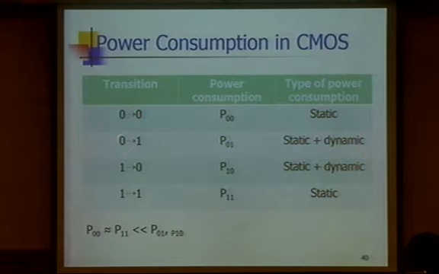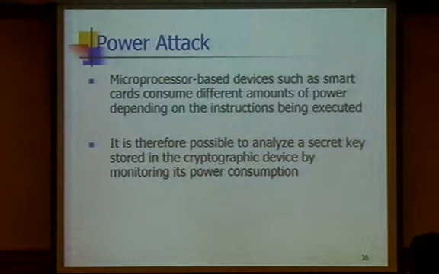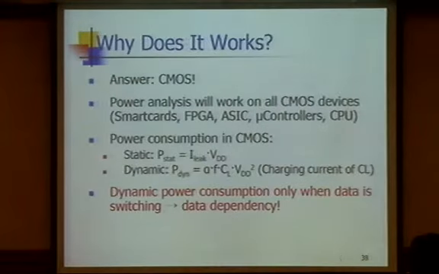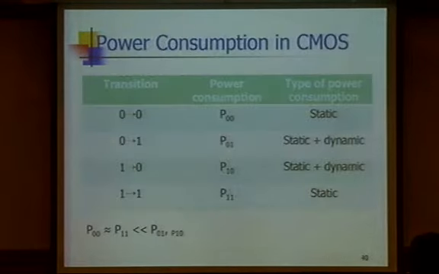So there is a difference in power consumption. We can use this as additional side information. So it is possible to analyze a secret key stored in the smart card by monitoring its power consumption, because as I said before, there is a power difference between these two cases.